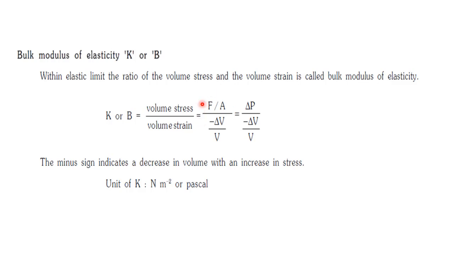Force per unit area, the volume stress, is divided by the change in volume delta V by V, the original volume. The negative sign indicates that volume decreases if there is an increase in the force per unit area, that is the stress. The unit of bulk modulus is Newton per meter square or Pascal.